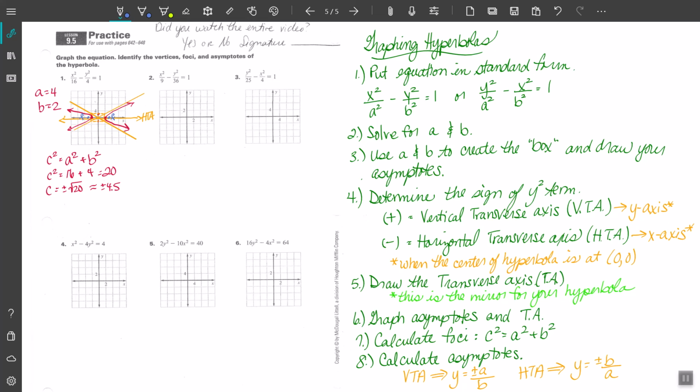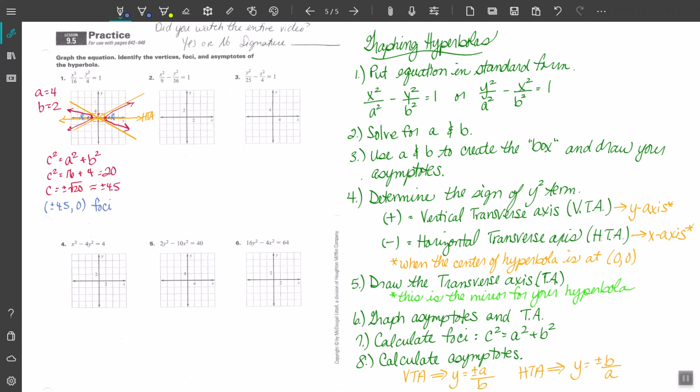The actual points, if we were to write them as coordinate pairs, would be plus or minus the square root of 20, or 2 square roots of 5, or we can just call it plus or minus 4.5. So the foci are going to lie right here. If they wanted us to write in the vertices in coordinate pair form, that's the points right here.